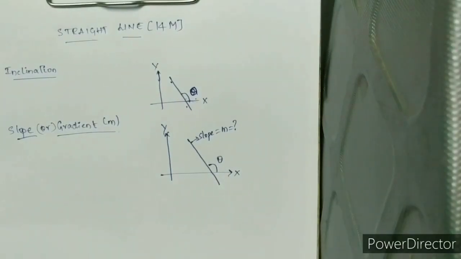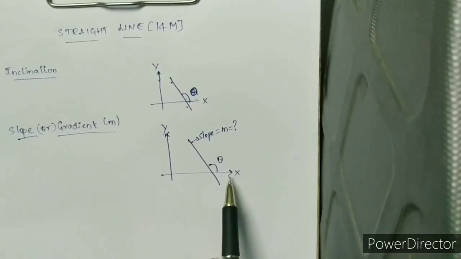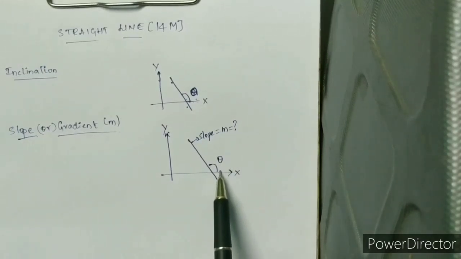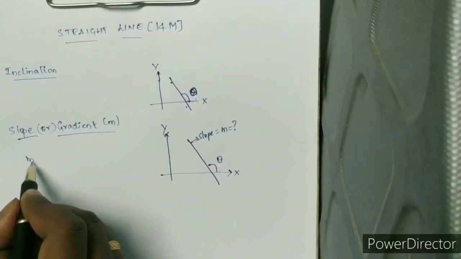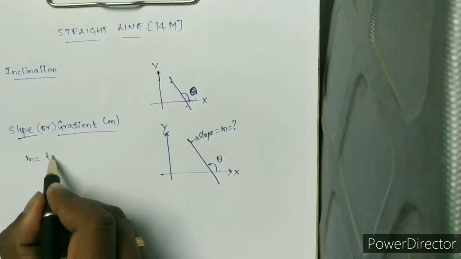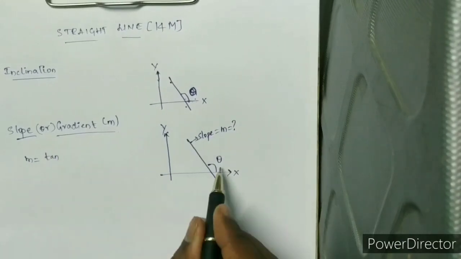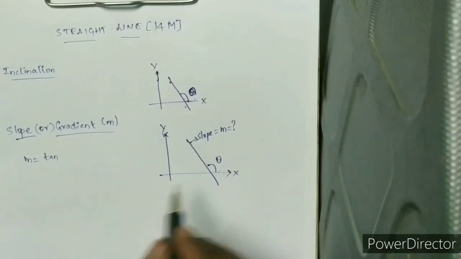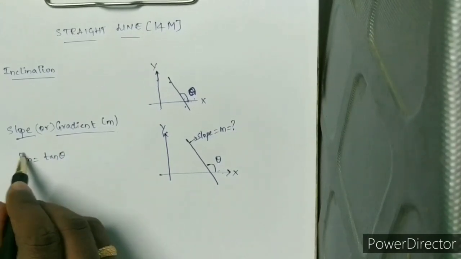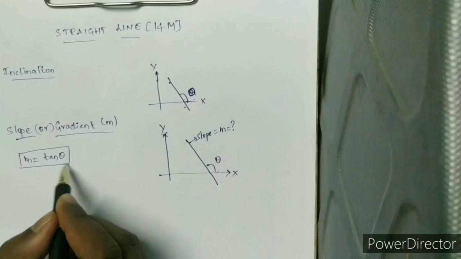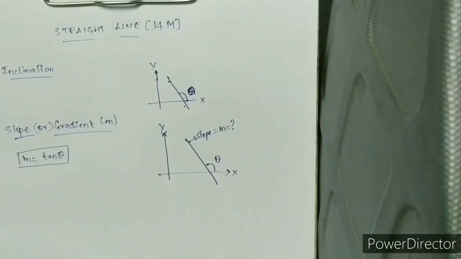I clearly said slope is the tangent of the angle made with respect to the x-axis. That means slope m is equal to tan of the angle made with the x-axis. So m is equal to tan theta. Usually slope is given by m equals tan theta.